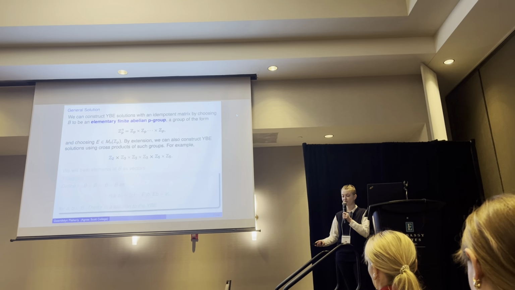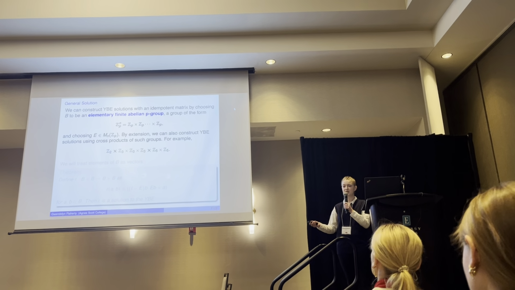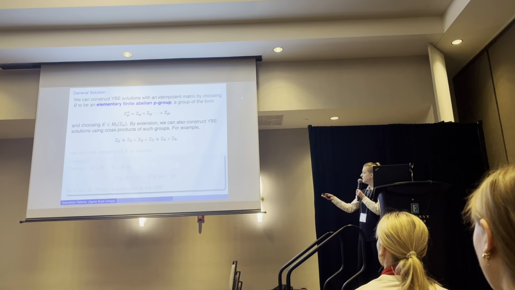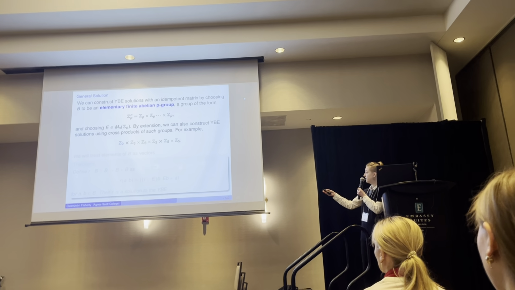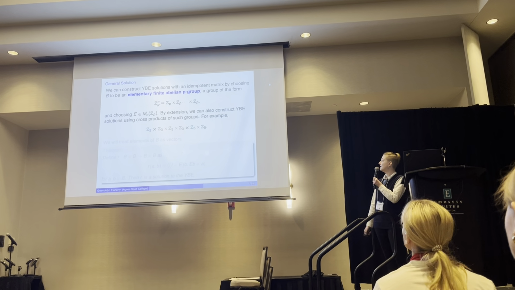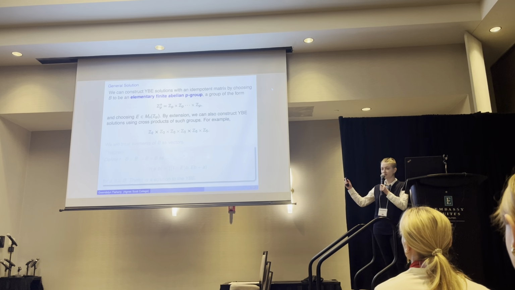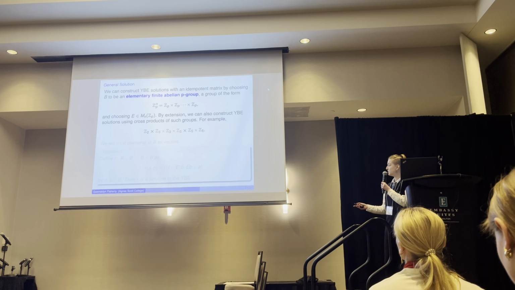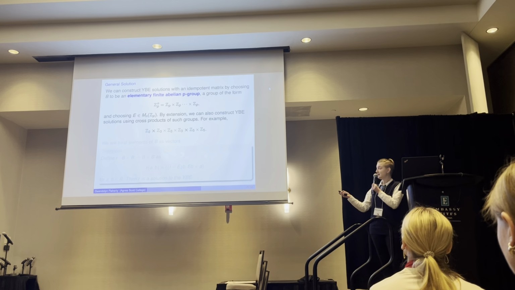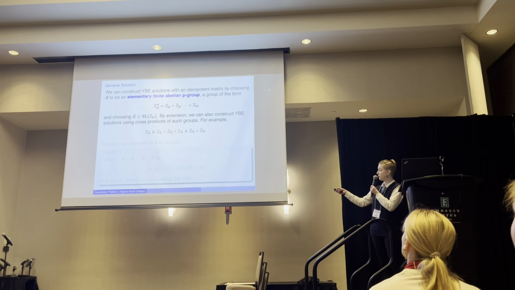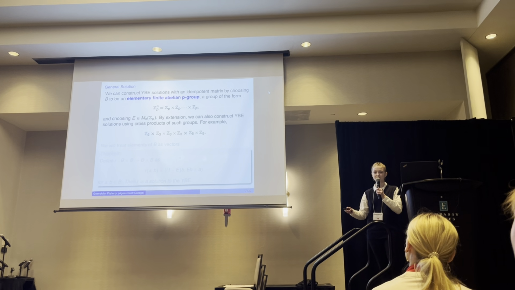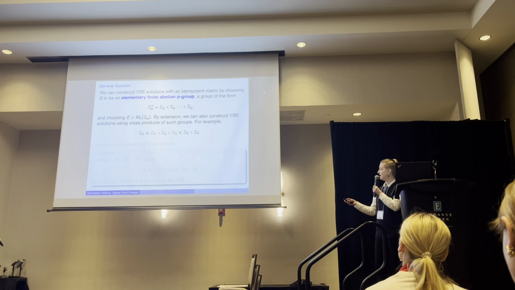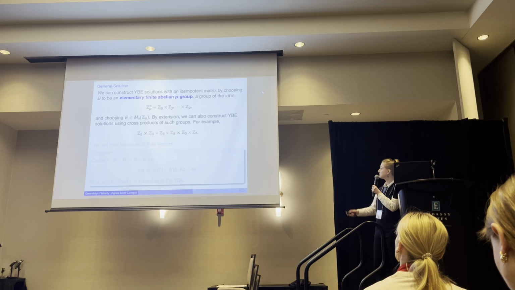Now, for this method of construction, we're going to be using B of the form an elementary finite abelian p-group, which is just a fancy way of saying a group of the form Z_p to the nth power, where p is prime. And we choose our idempotent matrix E to be in this ring of the form M_n(Z_p), where these are the n by n matrices with elements in Z_p.